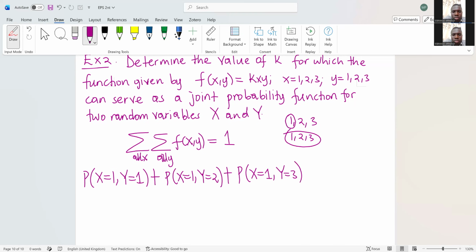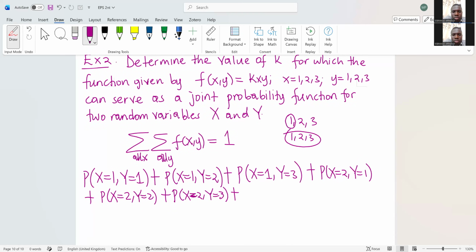So x equals 1 is done. Then plus probability of x equals 2, y equals 1, plus probability of x equals 2, y equals 2, plus probability of x equals 2, y equals 3. So x equals 2 is exhausted.